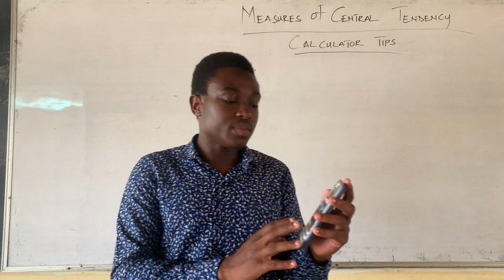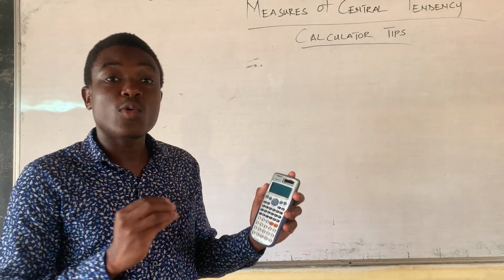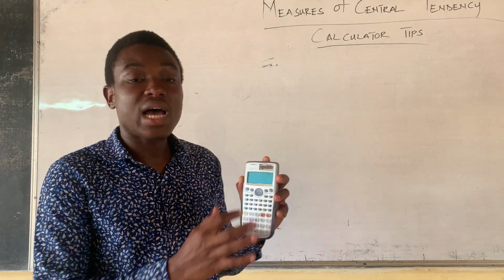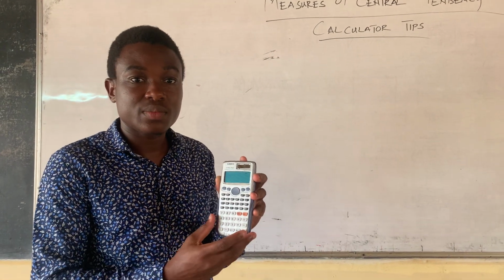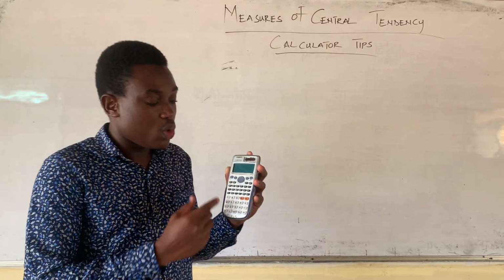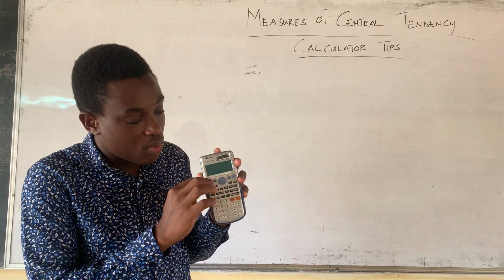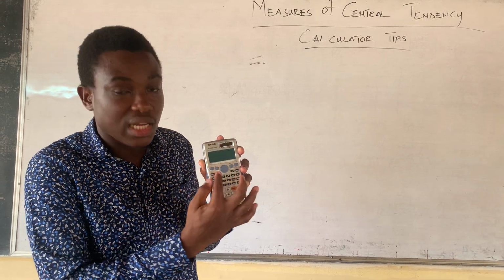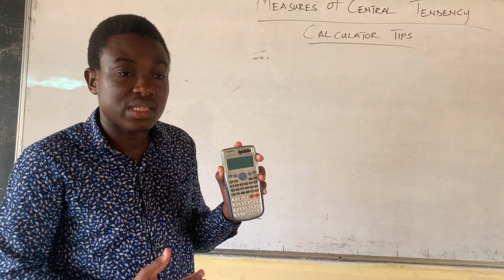Any text written in red, we use the alpha to retrieve. Any text written in yellow, we use the shift, which is to the left side of the calculator. You see your shift there, and the alpha is right beside the shift.